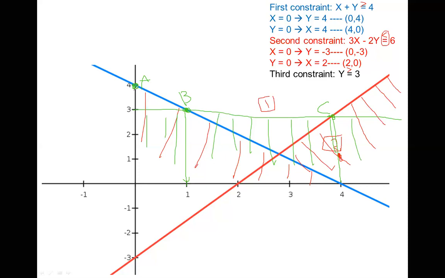We have A, 0, 4. We have B, 1, 3. We have C, 4, 3. And now we can find the value that minimizes the cost.